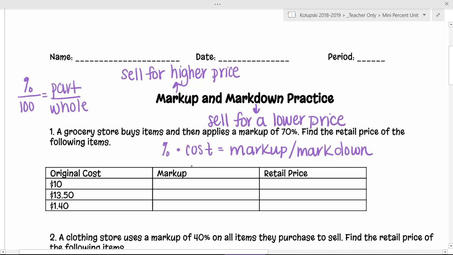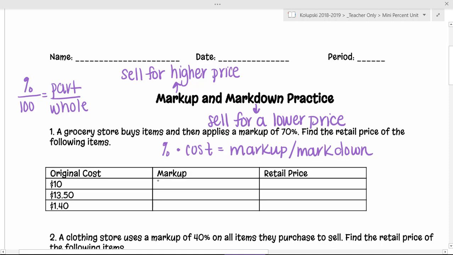So a grocery store buys items and then applies a markup of 70%. So that means the grocery store buys items and then sells them for 70% more than what they originally bought them for. We're going to find the retail price of the following items. The retail is what the customer is buying it for. So the original cost is $10. The markup is still 70%.